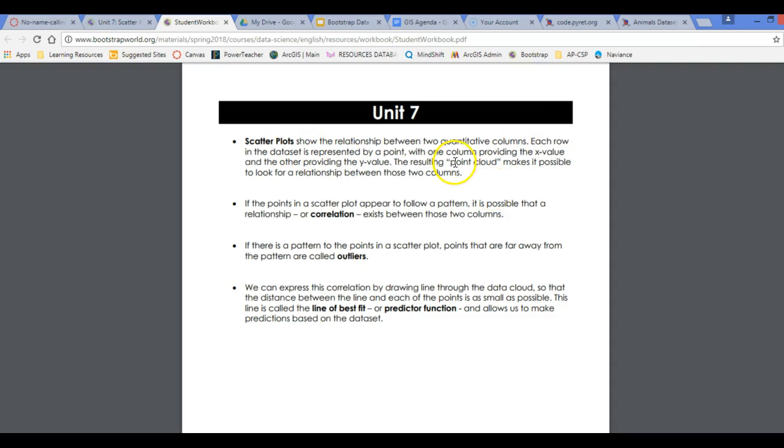The resulting point cloud makes it possible to look for a relationship between these two columns. So if points in a scatter plot appear to follow a pattern, that is called a possible relationship or a correlation. And that would say that those two columns have some form of relationship together.